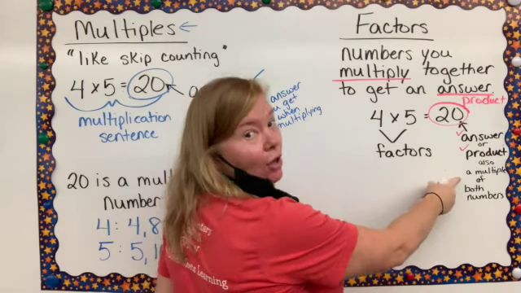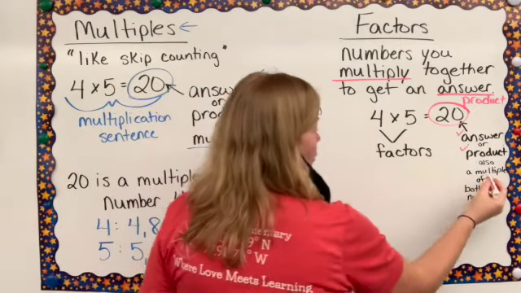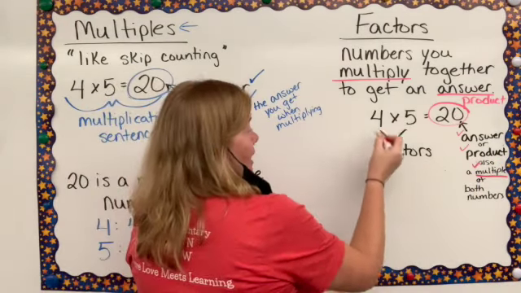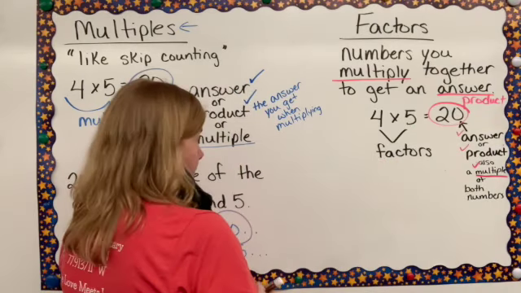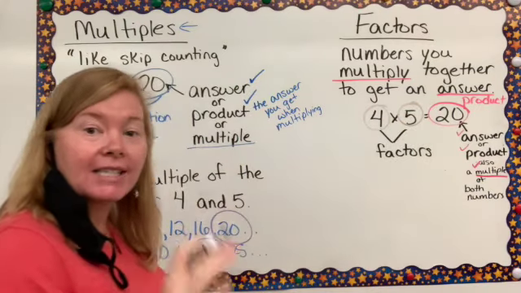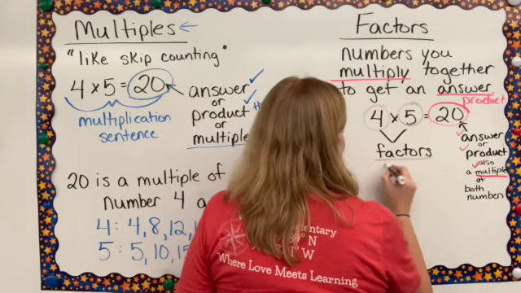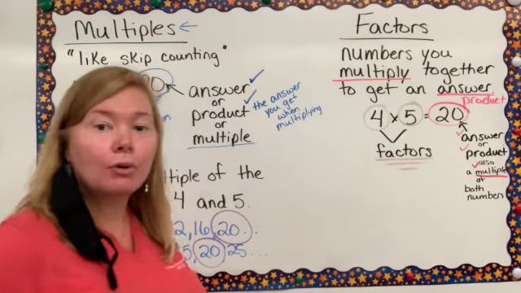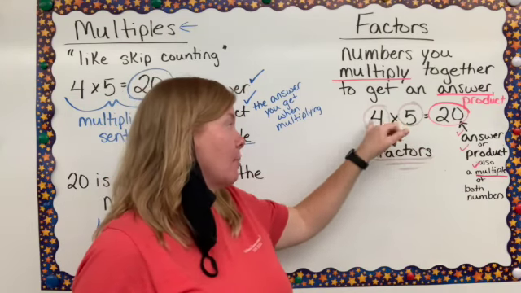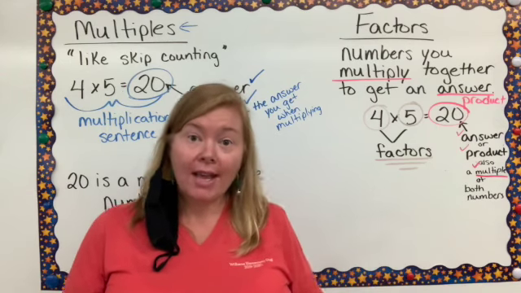But remember, it's also called a multiple. Absolutely. But the two numbers that I'm multiplying together, the 4 and the 5, they have specific names too. These are called factors. So those are the numbers that I multiply together to get the answer. So that's your quick review of what they are.